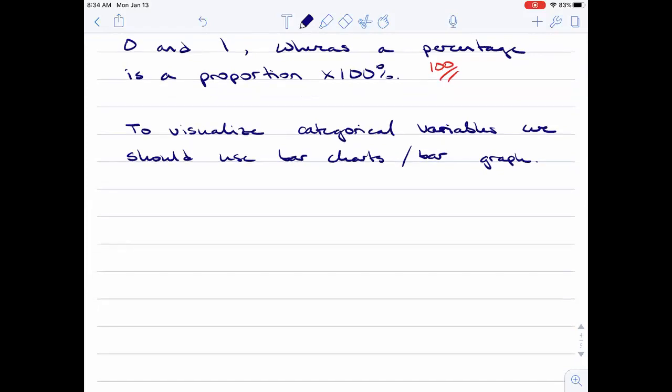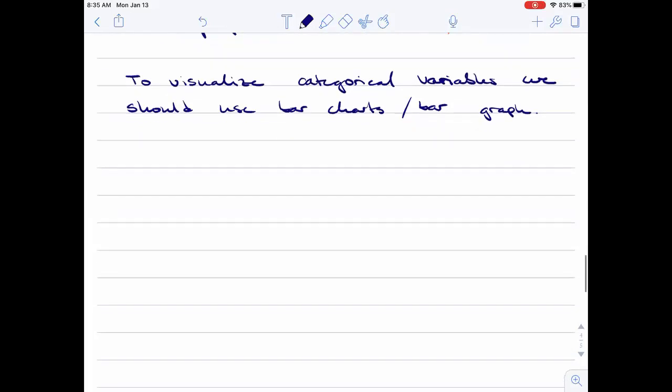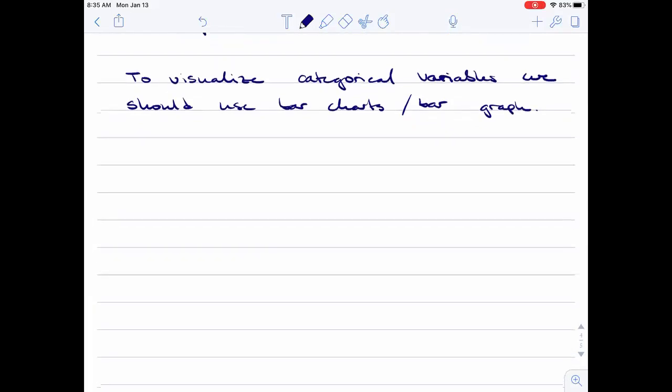To take it even further, if you've only got two categories, male, female, then you could just say there were 30% females, and then you know the rest is males, right? You just need one number to communicate that. You don't actually need a graph. So there's things like that, kind of hang-ups in the data viz community. We do not like pie charts. Pie charts make it really hard to see the size of very similar groups.